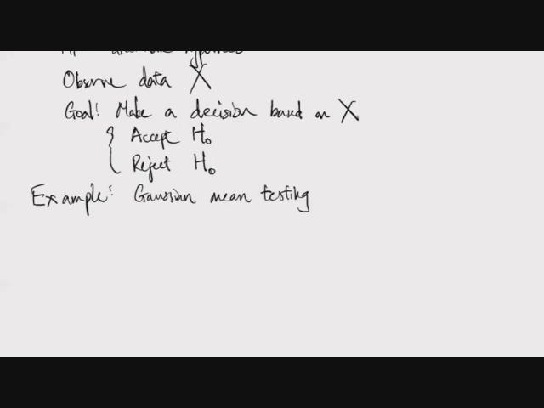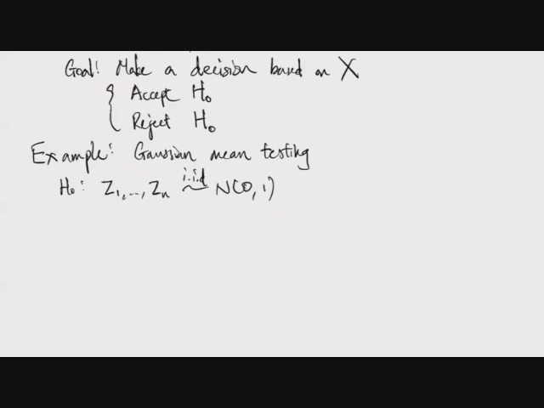Here, the null hypothesis is that we have data, let's be consistent with the notation and call this Z1 to Zn. These are random variables drawn i.i.d. from some Gaussian, say with mean 0 and variance 1.